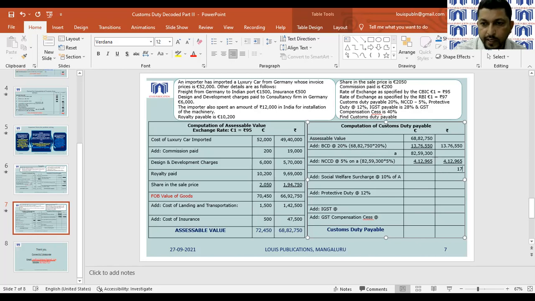That will be 17,89,515. 17,89,515 is the value. We can call this as the letter capital A.